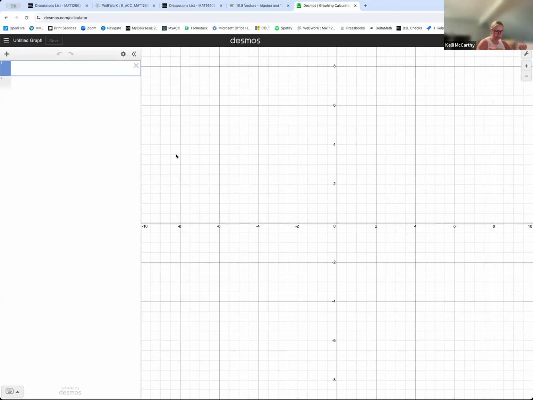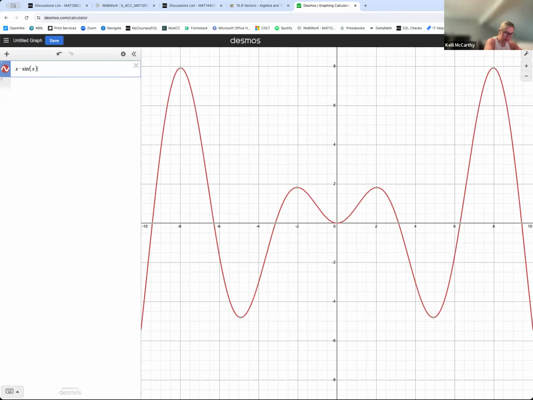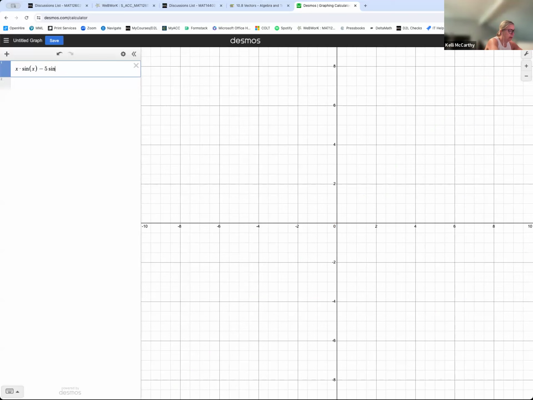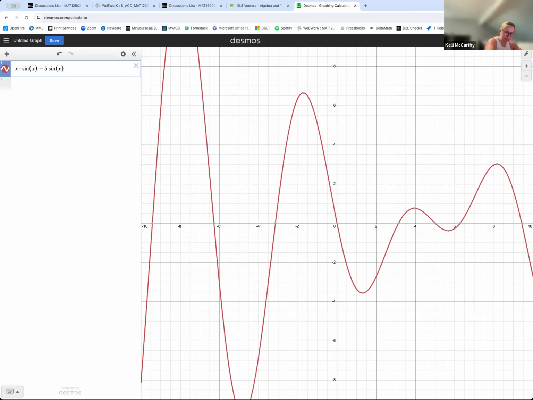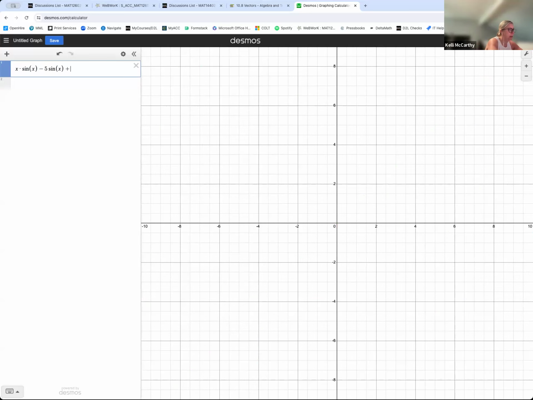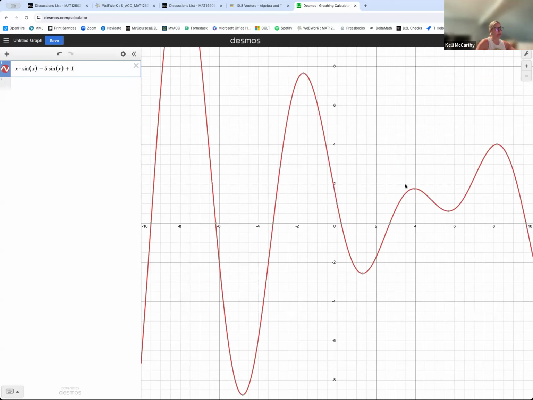All right, so in Desmos, we're going to type in the left side of that equation. So x times sine of x minus 5 sine of x plus 1. So certainly a pretty wonky looking graph. I'm going to check one thing before I go any further.